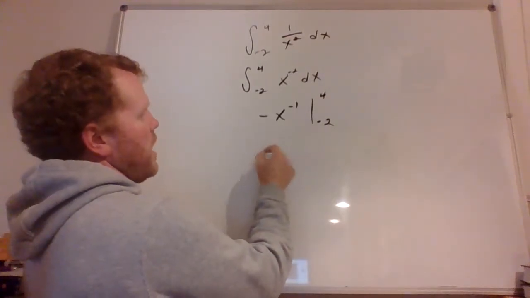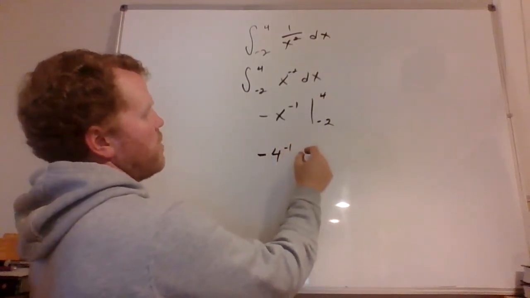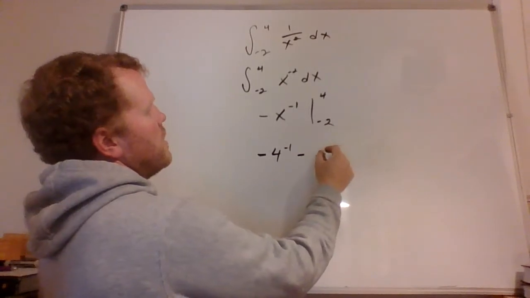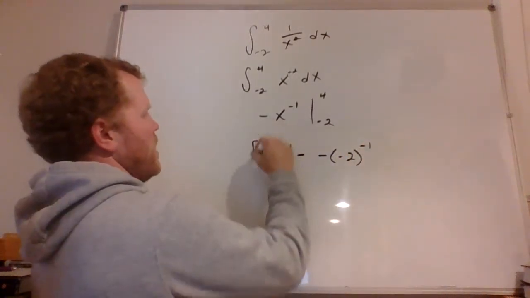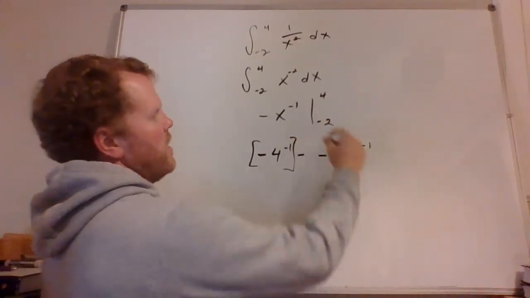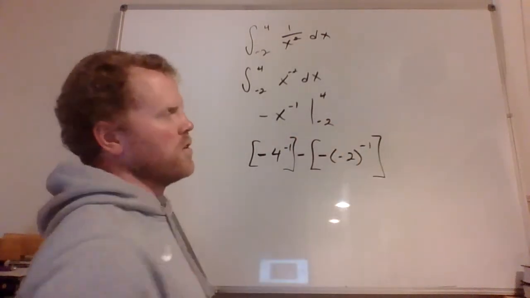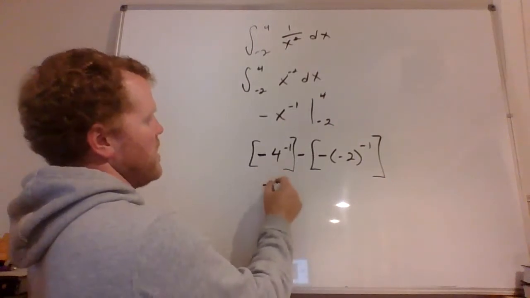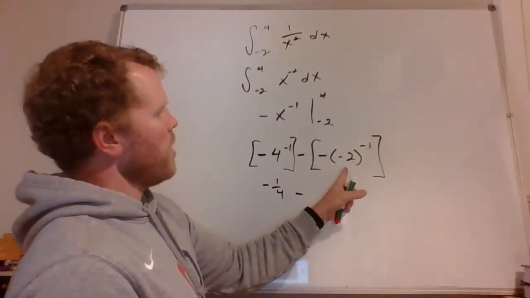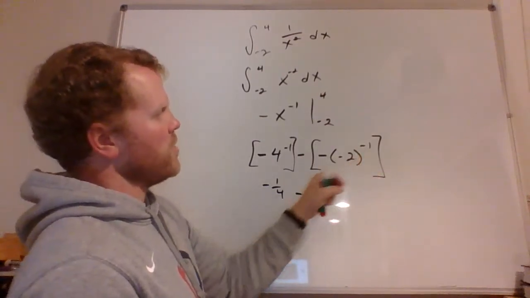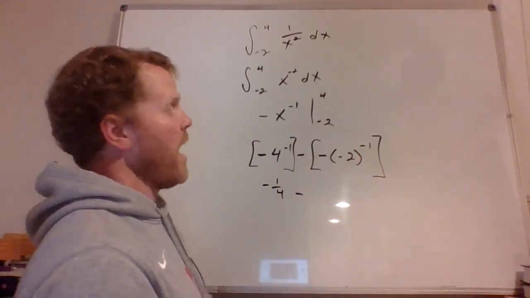So this should be negative 4 to the negative first minus negative 2 to the negative first. It's really kind of confusing to look at, but that's our first thing, and that's our second thing. So many negatives. So this is negative 1/4 minus, 2 to the negative first is negative 1/2.